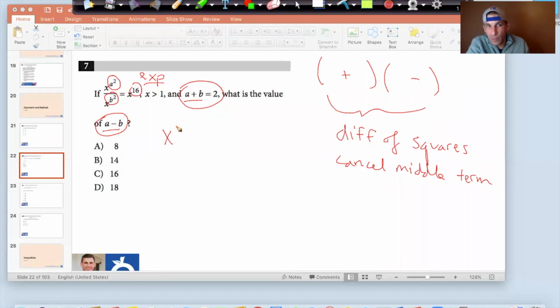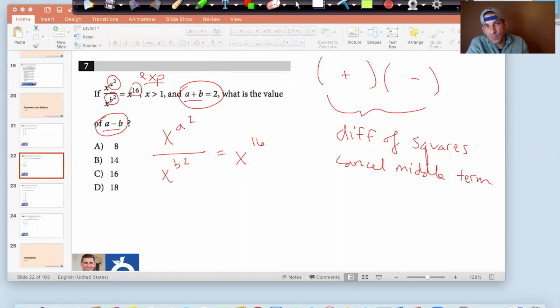Well, if x to the a squared over x to the b squared equals x to the 16, you want to somehow get these into what I would call exponent rules. And here's the reason why.